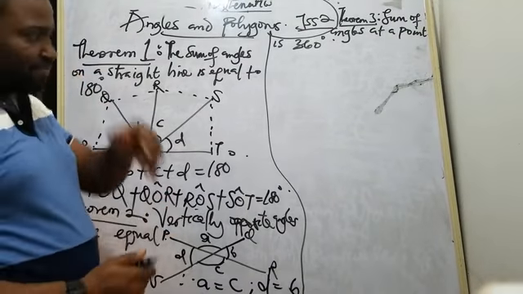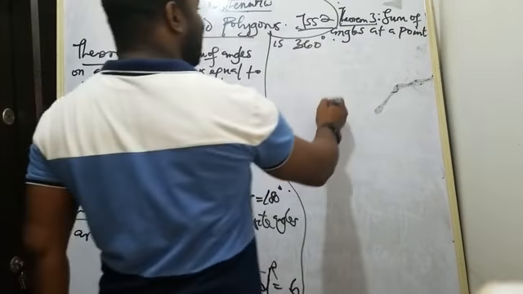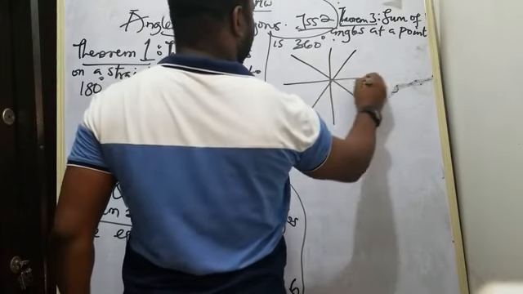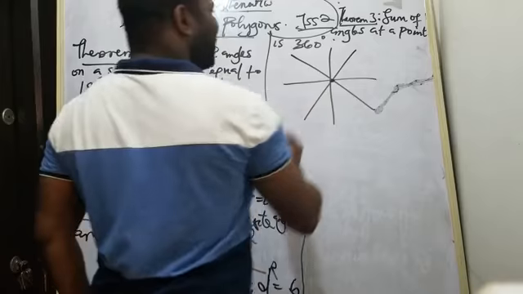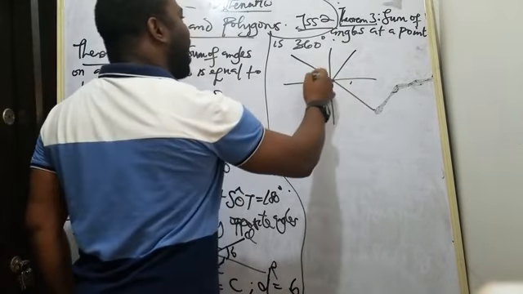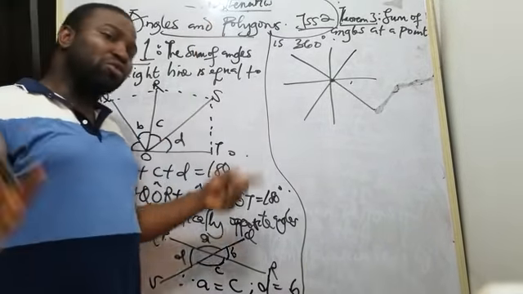Sum of angles at a point is equal to what? 360 degrees. Now, for instance, let's say this is a point that we are talking about. It means all this revolves around a circle. So it means the sum of those angles.